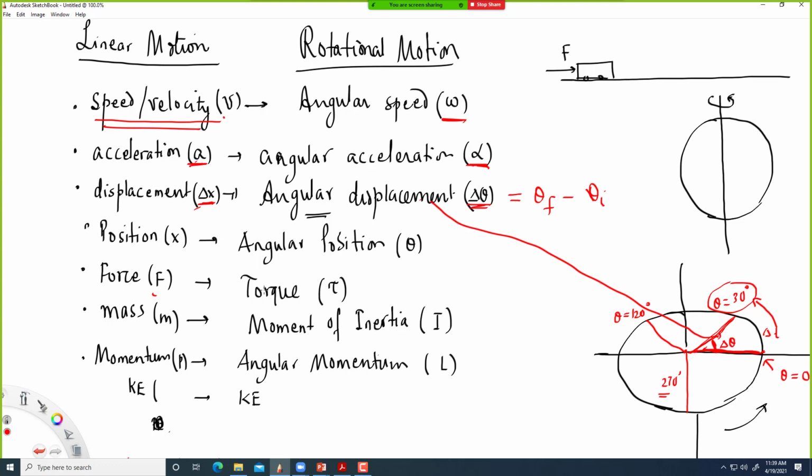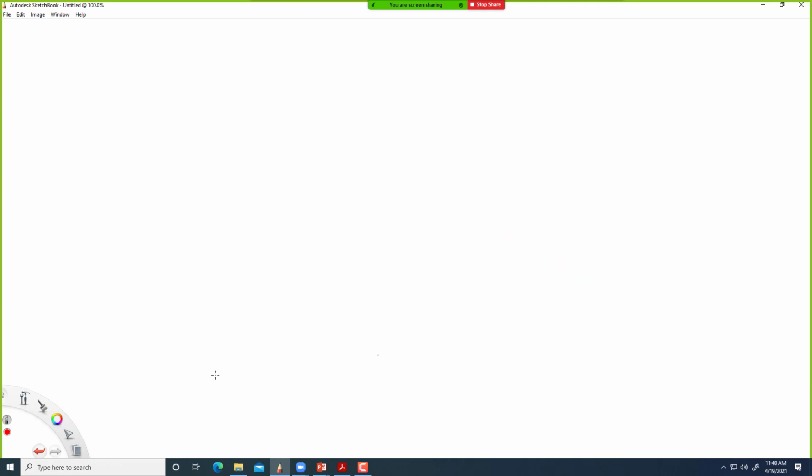RPM means revolutions per minute. So you have some kind of circular object and it's revolving about its own axis, and it's revolving at 900 revolutions per minute. So it's asking, find the angular speed of the object.